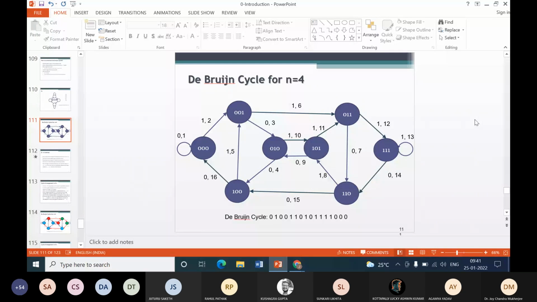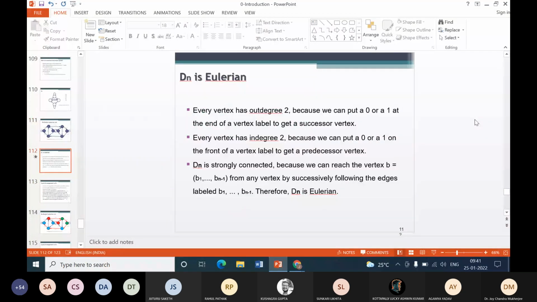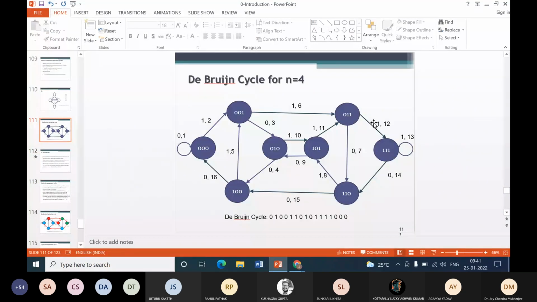The second observation is, suppose we take any vertex. Suppose I take 1 0 1.